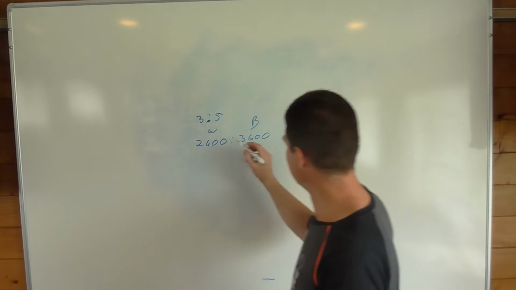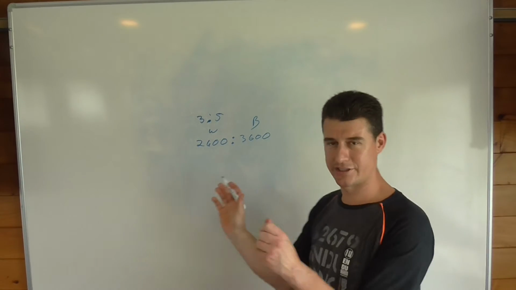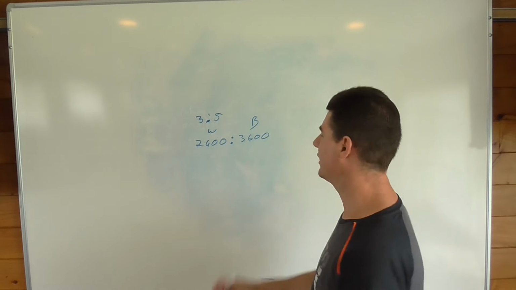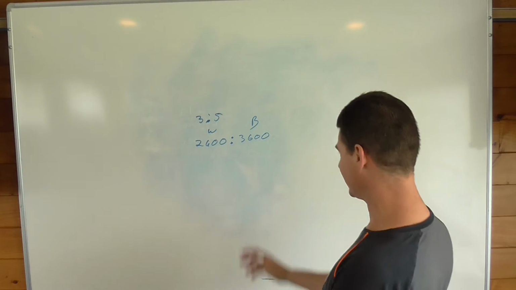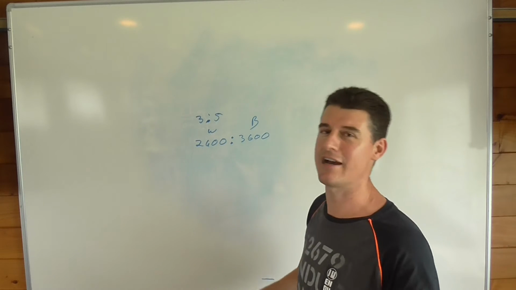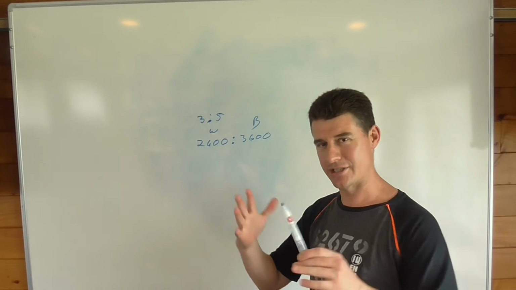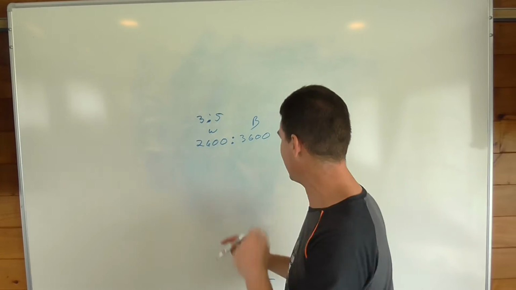Okay, so you just simply take that, and now you have to convert it into a simpler form, because you can say for every 2,400 slices of white bread, there's 3,600 slices of brown bread, but the amount is too big. So you have to bring it down into a simpler form. So let's see how we can do that.